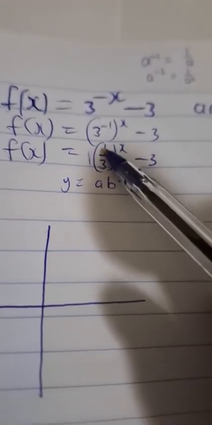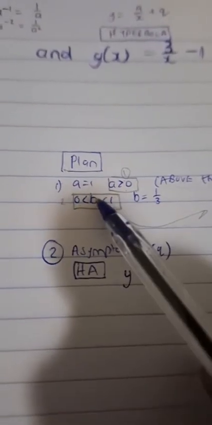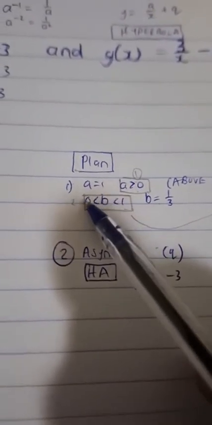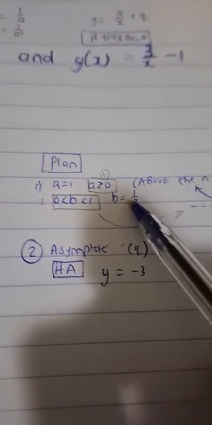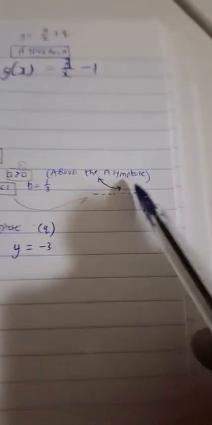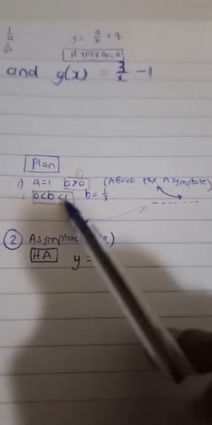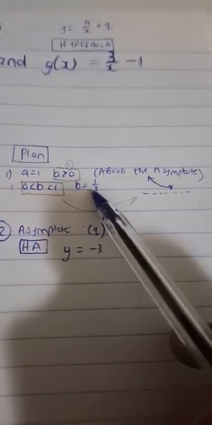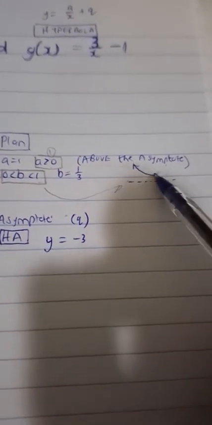b, on the other hand, is 1 over 3. So 1 over 3 is a value between 0 and 1. Whenever b is between 0 and 1, which in this case it is, b equal to 1 over 3, we know that the function is above the asymptote because of a, and simultaneously, because b is between 0 and 1, the function will be a decreasing function.